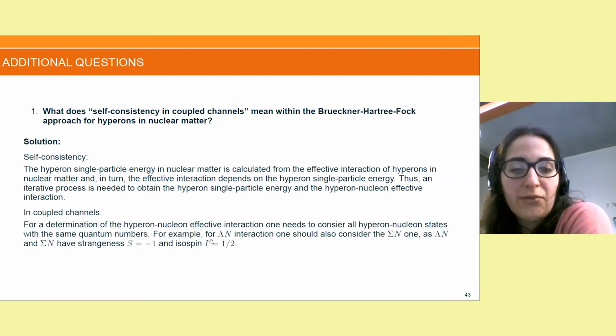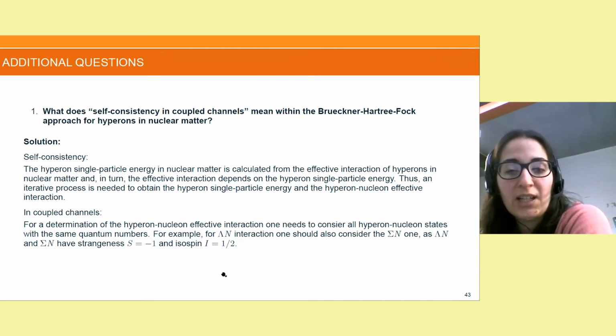Let's say, for example, lambda nucleon. This channel has the same isospin and strangeness as another channel, the sigma nucleon. So when you solve the problem for lambda nucleon, you have to consider that it is coupled to this other channel because they have the same quantum numbers. This is what coupled channels means: you need to consider all the hyperon nucleon states with the same quantum numbers when you solve your problem.